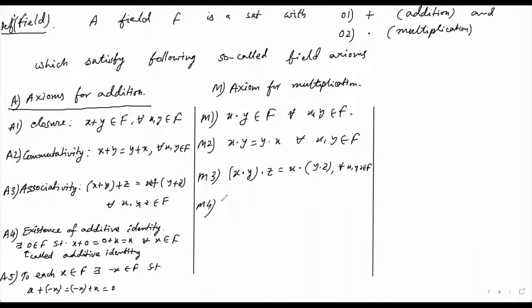It says that there exists an element, we denote it by 1, in F such that 1 times x equals x times 1, which equals x, for all x belongs to F. And 1 is called the multiplicative identity.